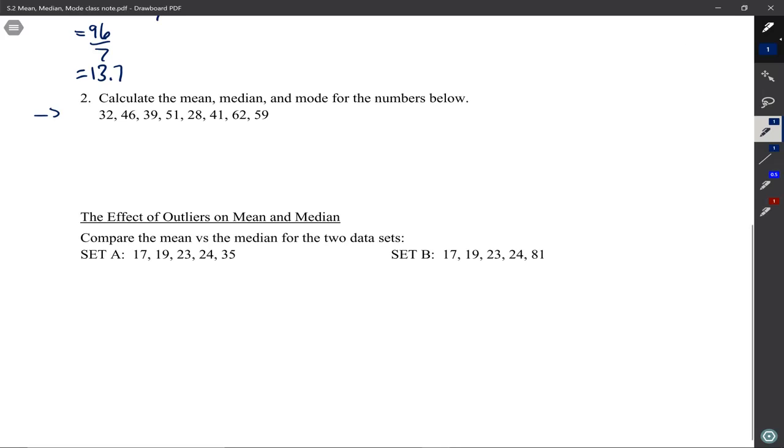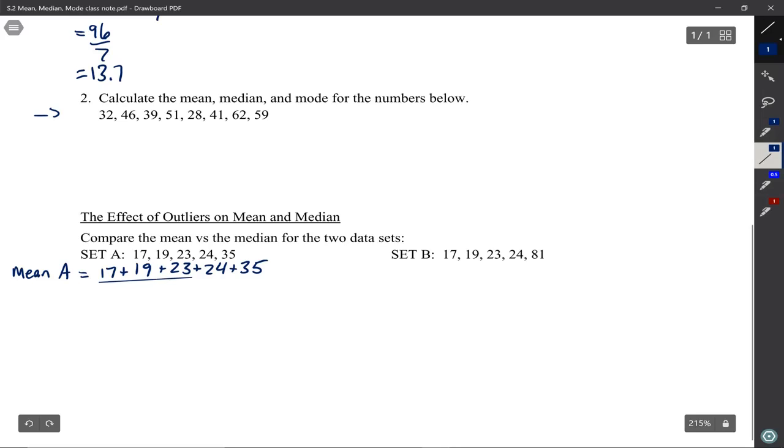So let's compare the mean and the median for set A and B. We'll start off and find the mean of set A: 17 plus 19 plus 23 plus 24 plus 35, all divided by the 5 of them.